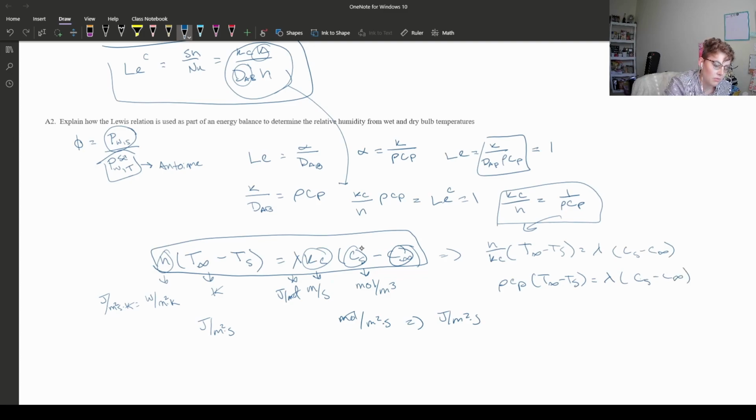And as I mentioned before, these are the two values that we can replace using our ideal gas law, but we can also replace the density.